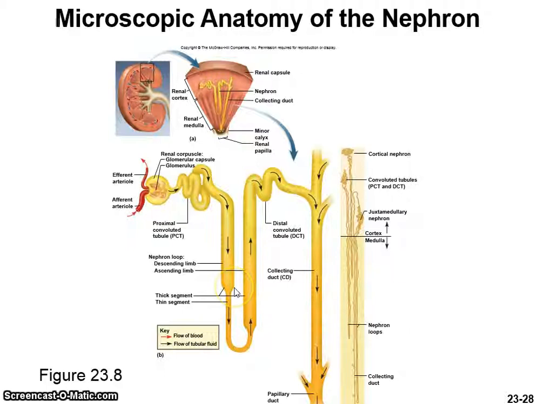All of those we just looked at right here: glomerular capsule, followed by the PCT, loop of Henle, DCT, collecting duct, which empties into the papillary duct, which empties into this part right here, the minor calyx and renal papillae.